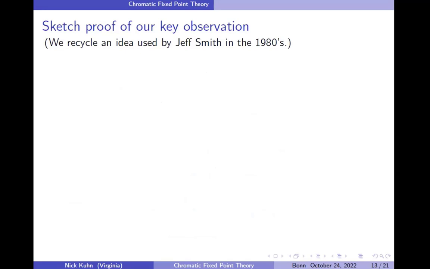It's part of the story with the nilpotence theorems. Everybody remembers what the nilpotence and periodicity theorems say, but people tend not to think about the details of the proof. Well, this is one of the details in the proof, this idea that Jeff Smith had. It's written up in Appendix C of Ravenel's Orange Book.